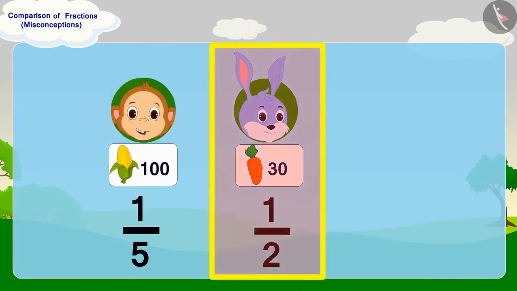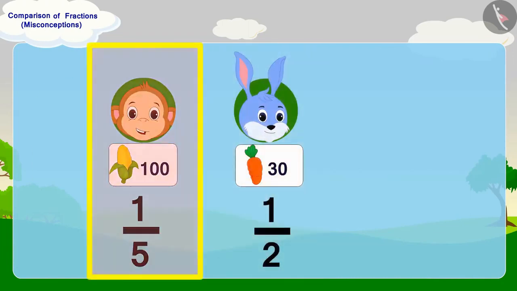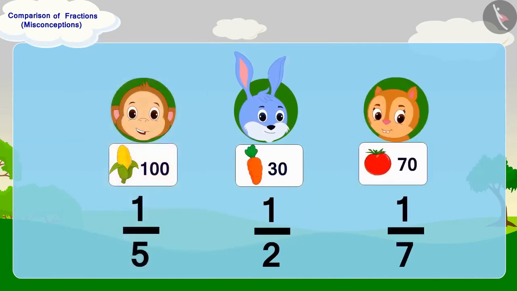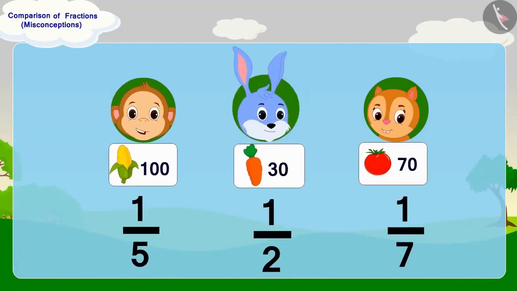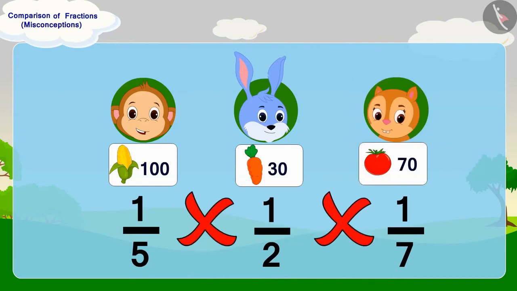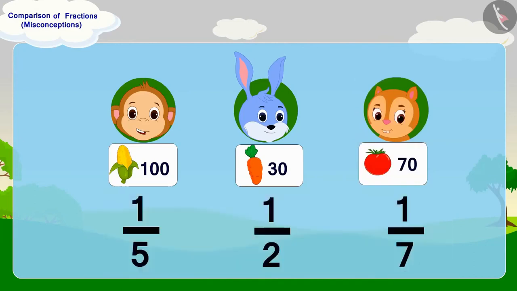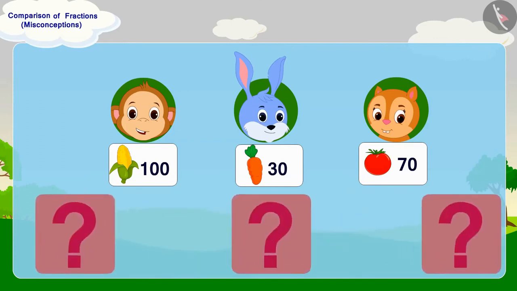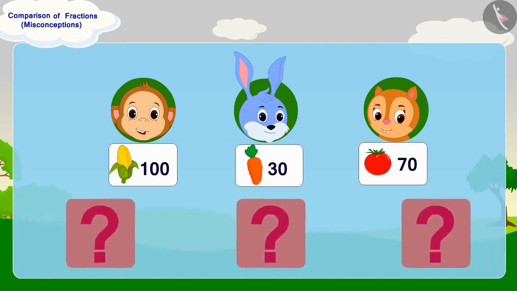Like half of 30 carrots, 1/5 of 100 corns, and 1/7 of 70 tomatoes. The amount of vegetables of Babban, Bunny and Chanda are different. Therefore, we cannot tell who has given more vegetables by just comparing the fractions. So, what shall we do now?